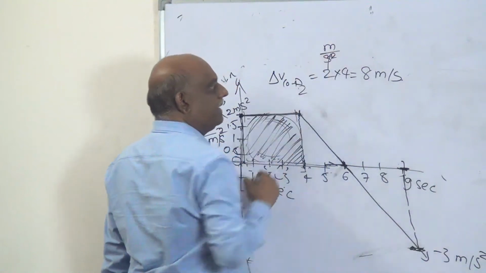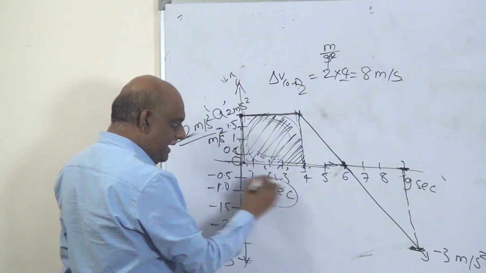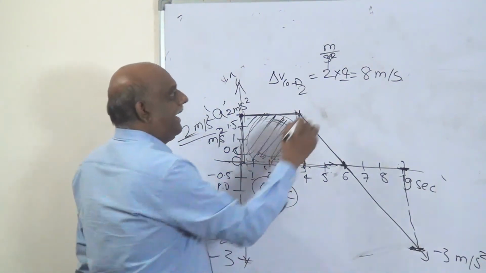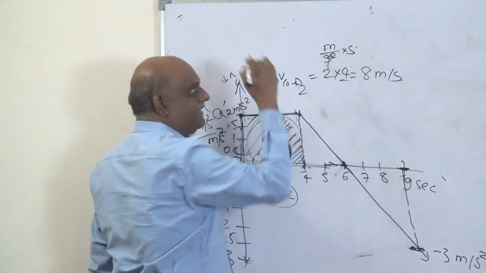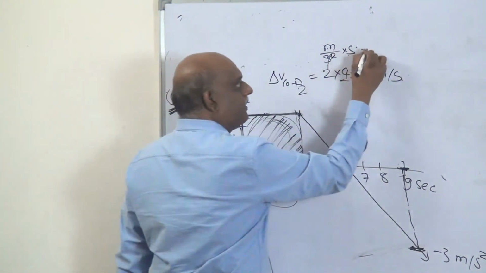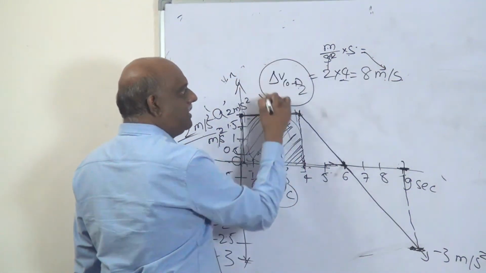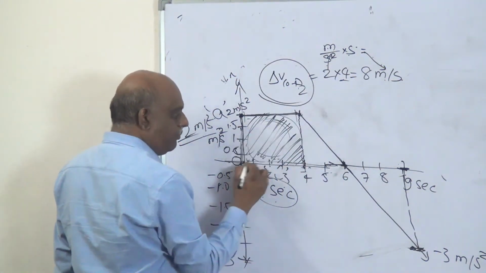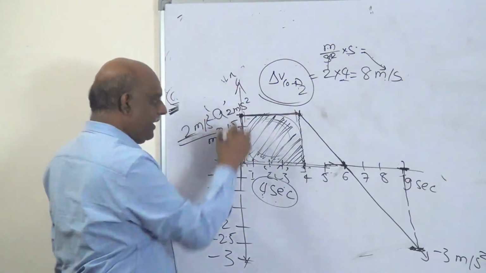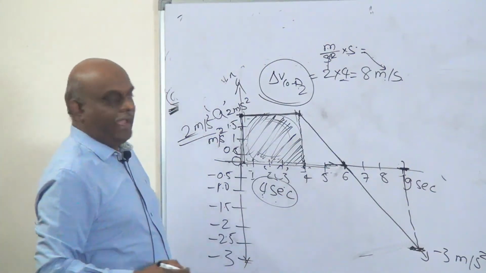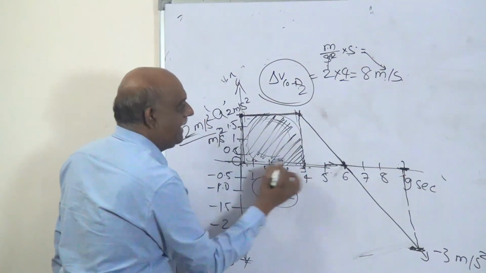Meter per second square. What is 4? On the x-axis we are talking about time. And what is the unit of time? Seconds. So meter per second square into second is equal to meter per second. So that is the reason the change in the velocity from 0 to 4th second is calculated by plotting the acceleration time graph and calculating the area of the first 4 seconds.